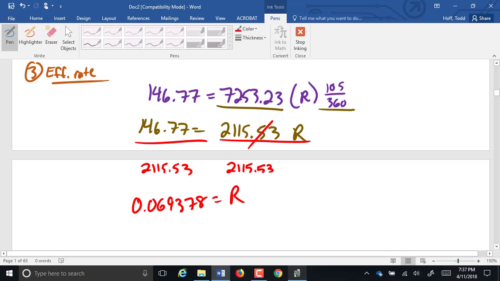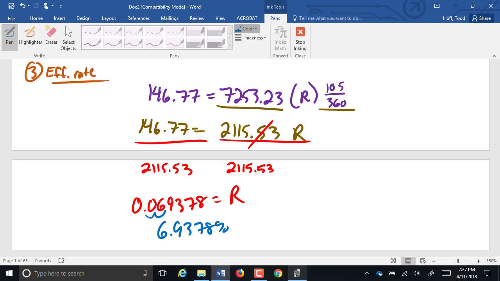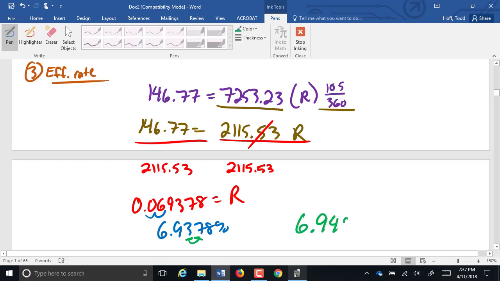So again, we move the decimal point 2 spots to make it a percent, 6.9378%. Then we round it to the hundredth, which is the 3. So that 7 says this goes up to 6.94%. Any questions there?